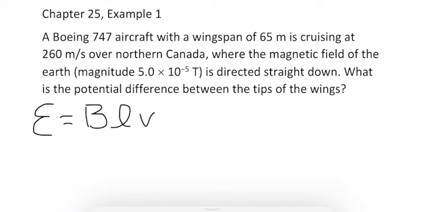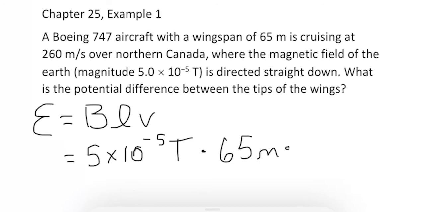Well, really, at this point, we can just plug in. Our B is 5 times 10 to the negative 5 Teslas. Our length is 65 meters. And our velocity is 260 meters per second.